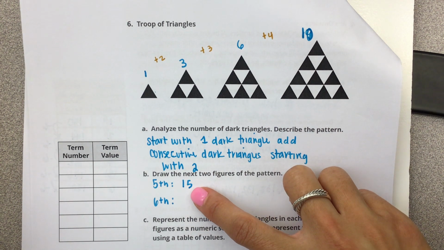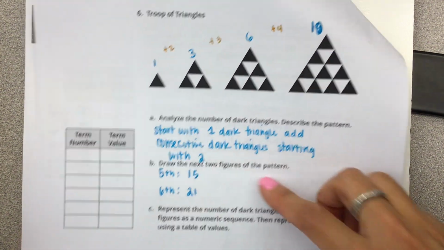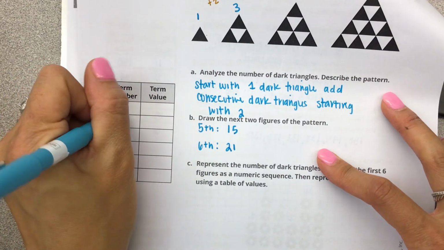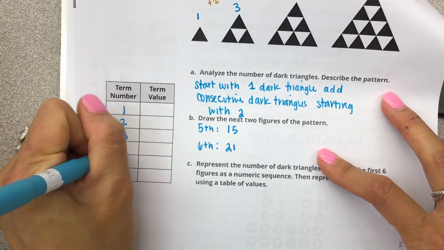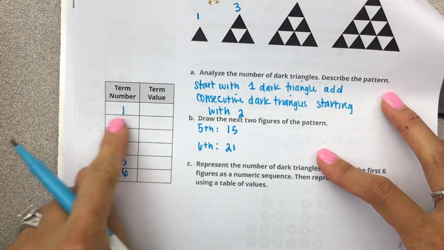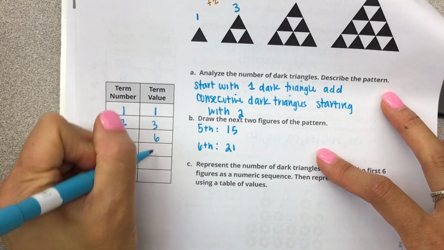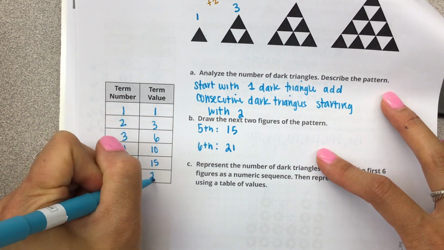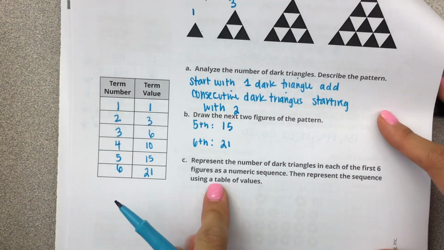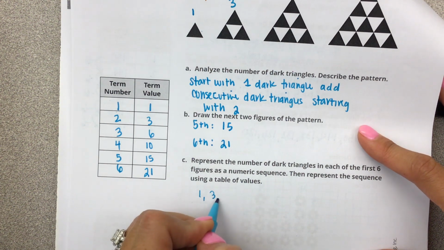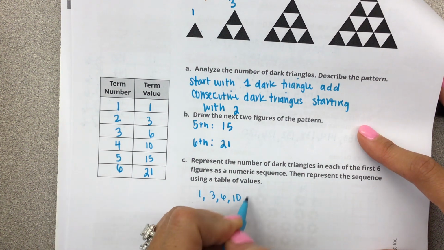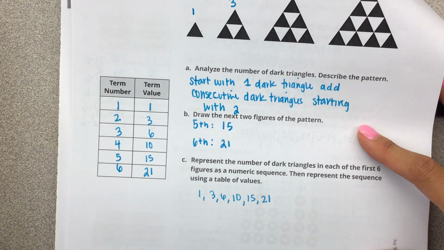So how many would that be? 21. So let's fill it out in the table. And in the first one you had 1 dark triangle, then 3, 6, 10, 15, and 21. And then you can write it as a sequence also. 1, 3, 6, 10, 15, 21.